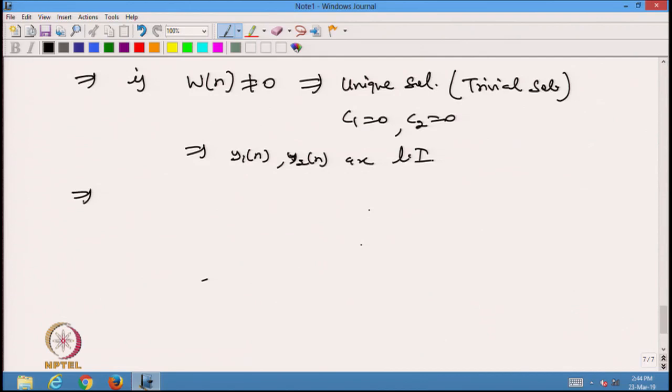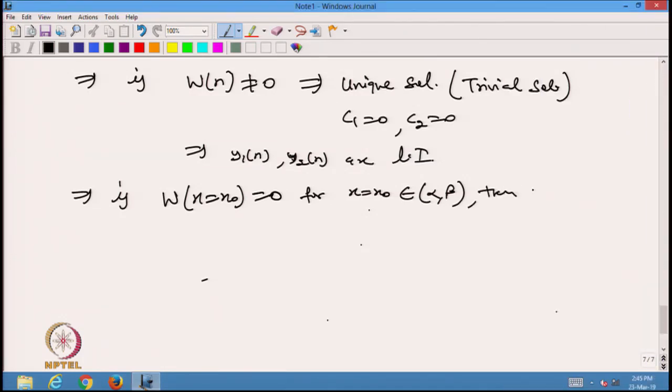Now, there is another theorem: if the Wronskian is 0 at even a single point x equal to x naught, where x naught belongs to the domain in which the differential equation is defined, then the Wronskian W(x) is also equal to 0 for all values of x in the interval (alpha, beta).